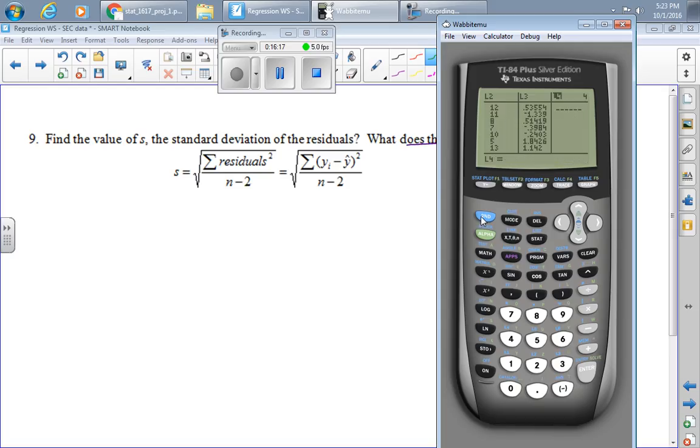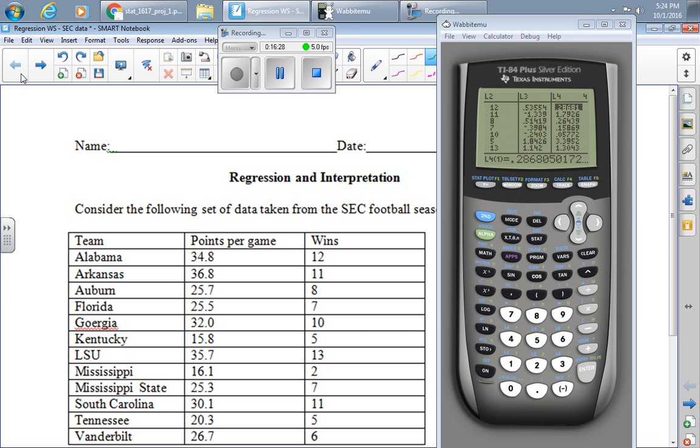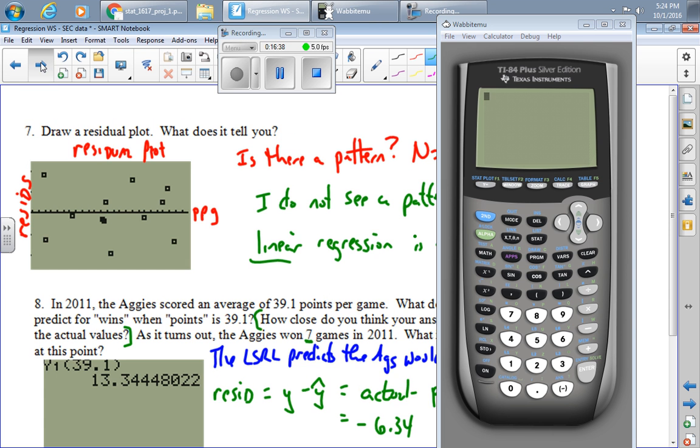So on my home screen, I'm going to go L3, squared. There's the square of them. Next thing I do is divide by n minus 2. That's the number of teams minus 2. 1, 2, 3, 4, 5, 6, 7, 8, 9, 10, 11, 12. So I'm going to divide the sum by 10.